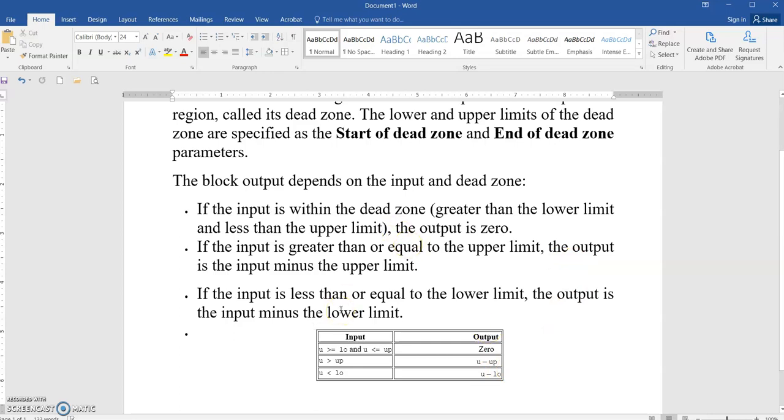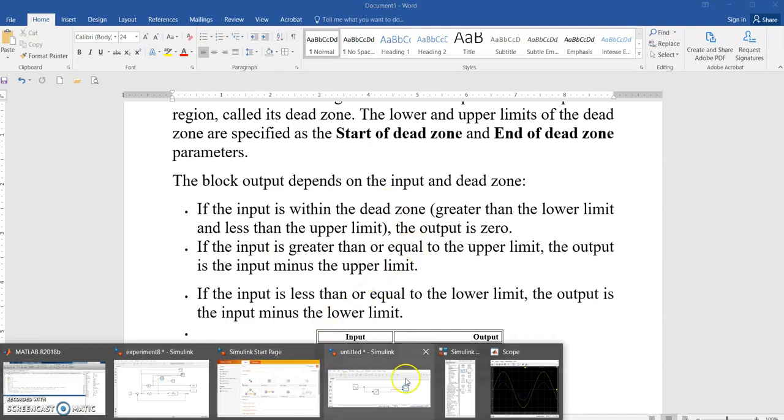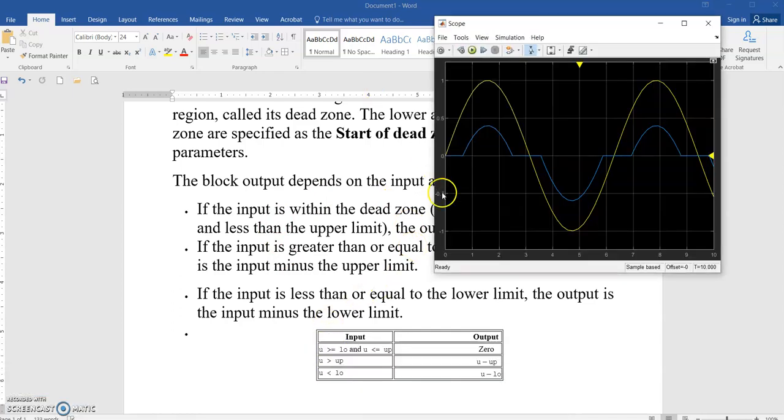Similarly, it is applicable for the lower limit also. If the input is less than or equal to the lower limit, the output should be input minus the lower limit.